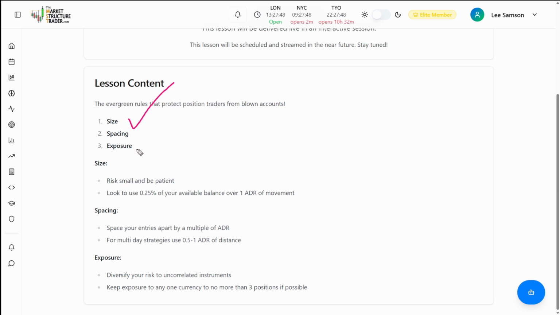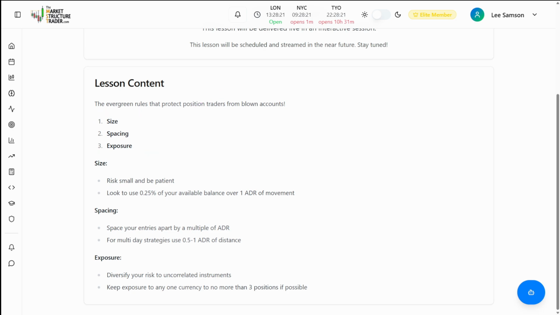Good size and exposure but bad spacing, you will cluster your risk too close together and lose the averaging benefit and potentially go into drawdown far too quickly. All of these three together and you are protected. You can be patient, you can scale in, and you can weather drawdowns when markets push against you and let the winning positions run. This is why position traders who follow these rules don't blow accounts. It's not magic, it's just mathematics and discipline.